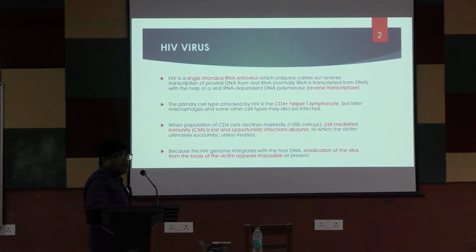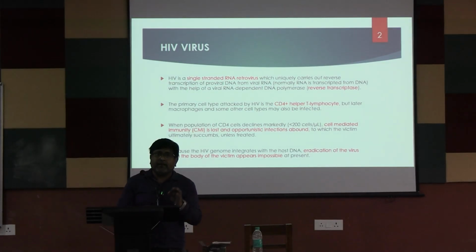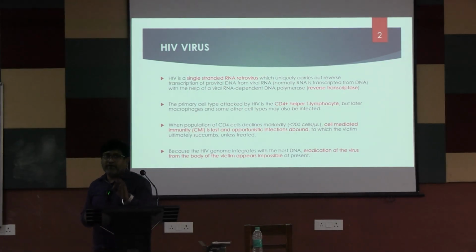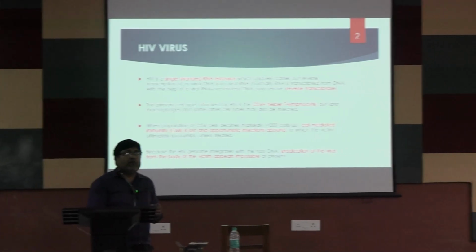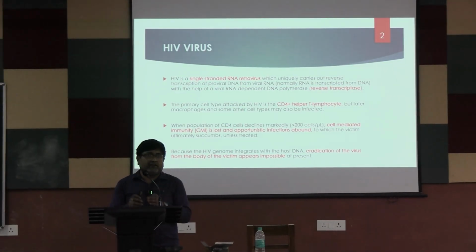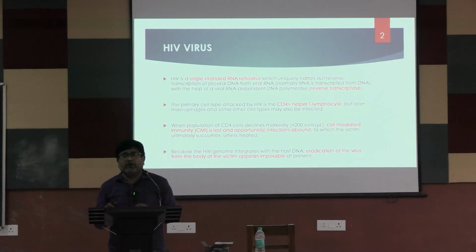Now, the HIV virus primarily attacks the CD4 plus T helper cells. As a result, CD4 cell lysis occurs, and the cells continuously decrease in quantity in the body.